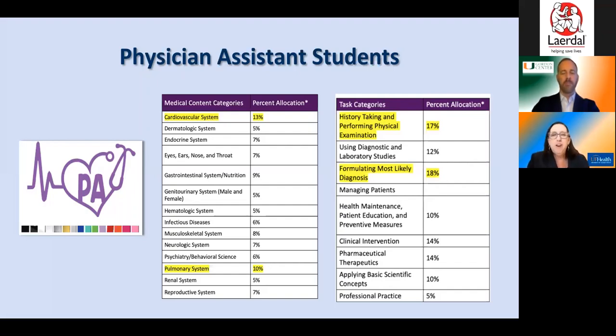This is a big chunk of the medical content category. And in the right chart, you see the task categories: history taking and performing physical examination, and performing most likely diagnosis encompass more than 30% of the tasks that physician assistant students need to be competent in order to be practicing and caring for patients in a safe manner. So the utilization and implementation of cardiopulmonary education is really vital to a PA's success.